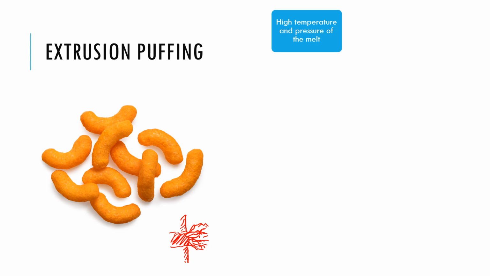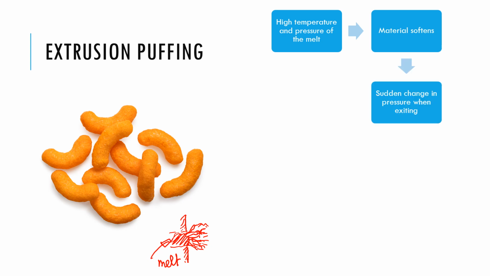So high temperature and pressure of the melt. So this is my melt, and because the entire thing is being pressurized, it is at a higher pressure and also at a higher temperature, so the material is soft, and then there is a sudden change of pressure here.